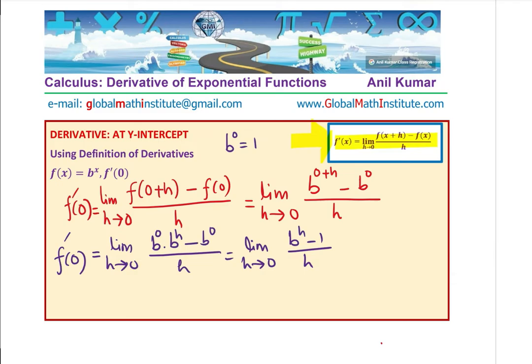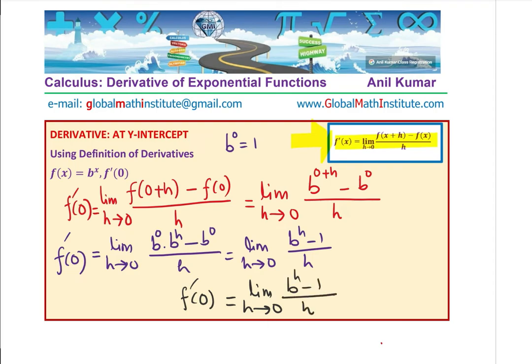Makes sense? So you see that this particular part which we highlighted is indeed equal to f prime 0, right? So we'll summarize this as the derivative at 0 is indeed equal to limit h approaches 0 of b to the power of h minus 1 over h.